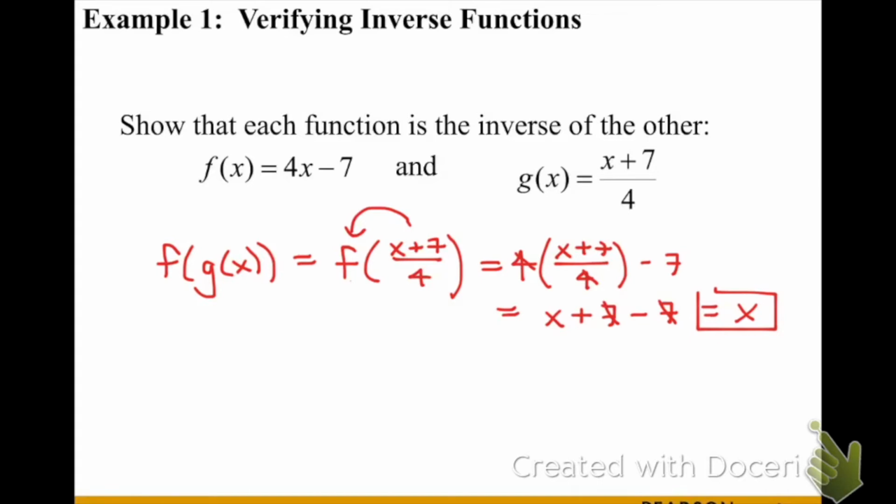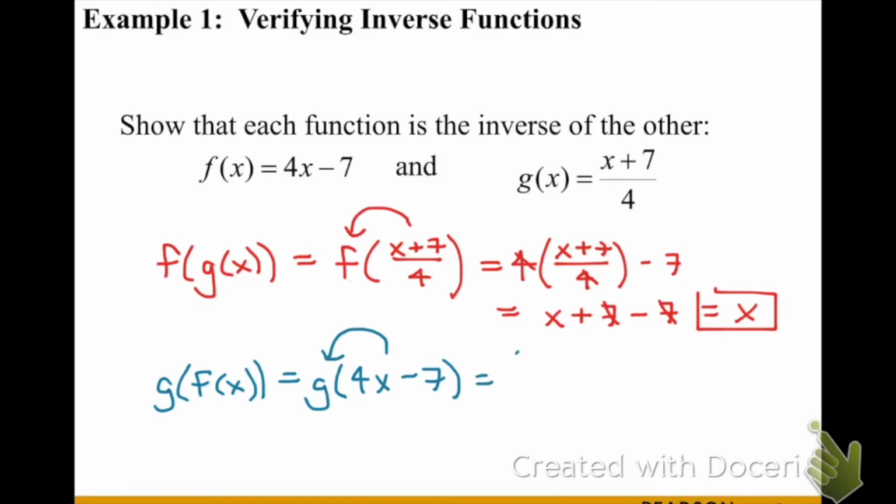If we go the other way and do g of f of x, then this means we substitute in f, which is 4x minus 7, and put that 4x minus 7 in for the x in g, giving us 4x minus 7 plus 7 all divided by 4.